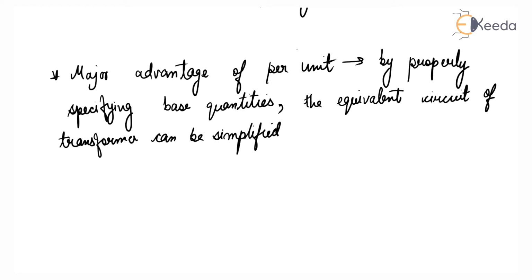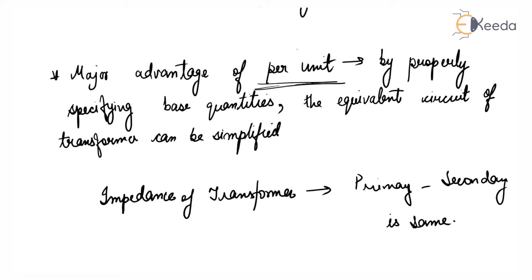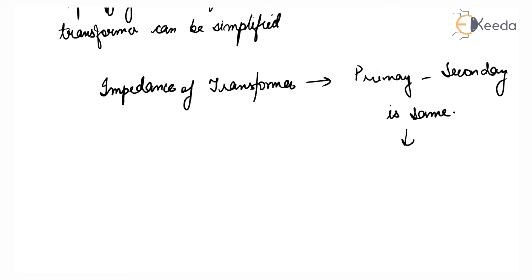When expressed in per unit values, the equivalent impedance of a transformer, whether referred to primary or secondary, is the same.